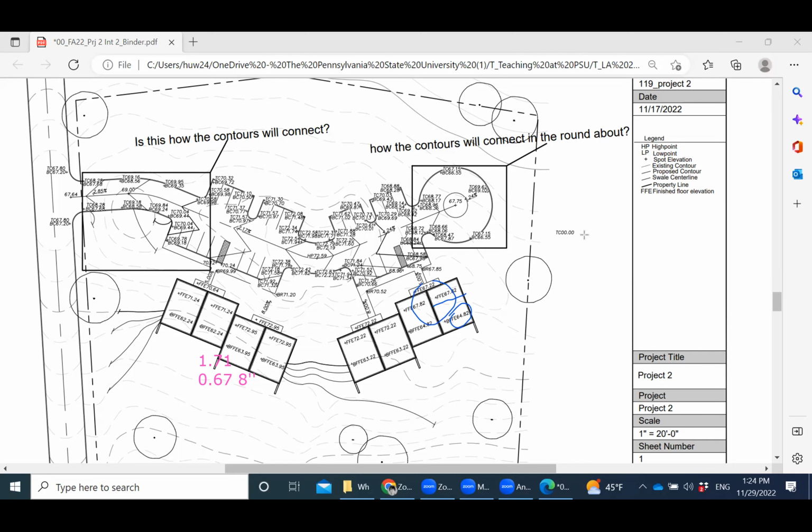So the purpose of that, now if I am building the house, that's the FFE of the first unit. I do not want the FFE of the second unit to be in the middle.